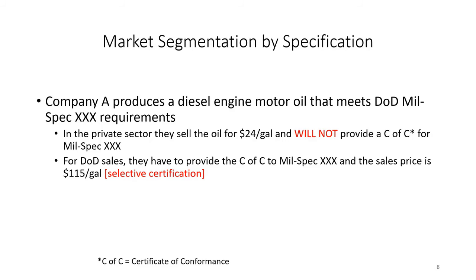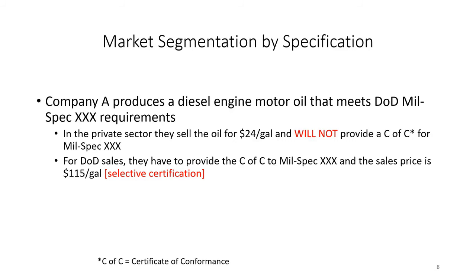In other words, we don't certify to private sector customers that the oil you just bought will meet this military spec. Now, this is important because when they do sell to the military, they are required to provide that Certificate of Conformance to prove to the military that the oil does meet the specifications that the military is looking for.